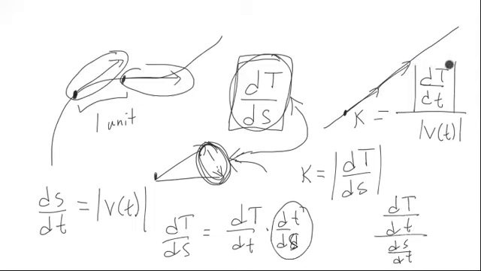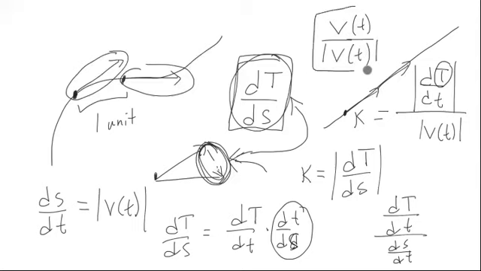Of course, we have to find T, and then take a derivative of T, so a couple of steps. What is T? T is the velocity vector divided by the velocity vector's length, to make it a unit vector. So you first find the velocity vector, divide it by its length, and then take a derivative of that.